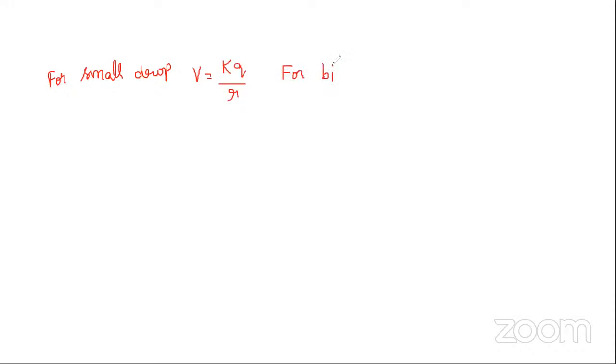For the bigger drop, let us consider the potential V prime equal to K into capital Q divided by capital R. Capital Q is the charge on the bigger drop and small q is the charge on the smaller drop. Since the 27 small drops combine to form a bigger drop, according to the principle of conservation of electric charges, charges can neither be created nor be destroyed.